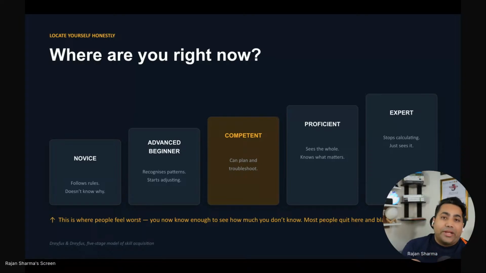Most people quit here. This is the stage where they start blaming themselves and get stuck in a loop. Moving from novice to here is fast, but most people get stuck in this particular stage.